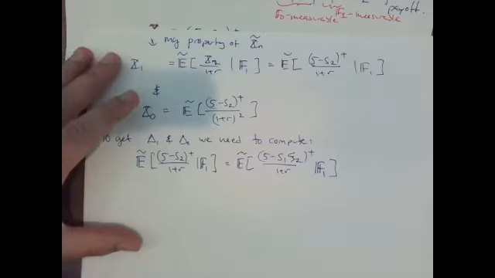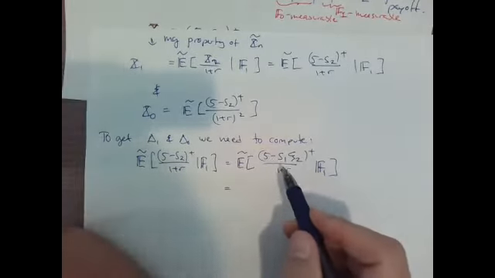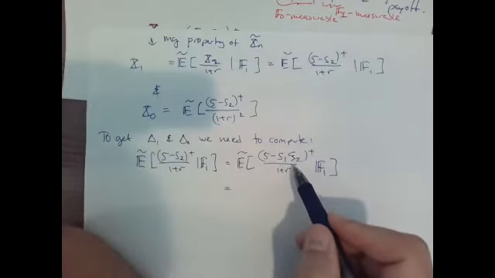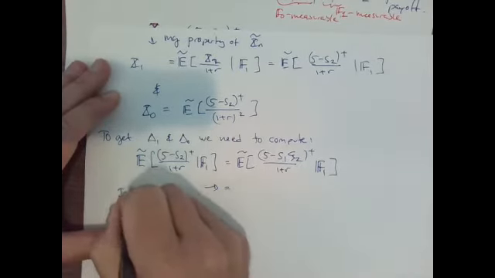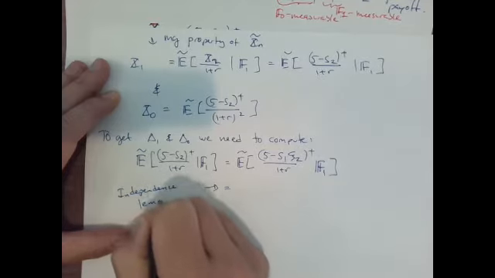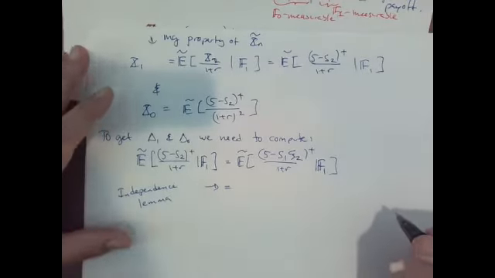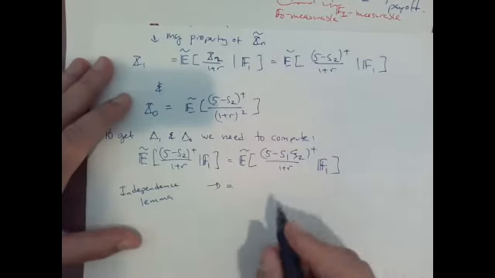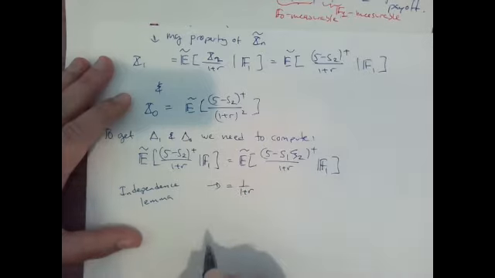Okay, so now what we do is we use the independence lemma. Here I have a complicated function. One variable is already measurable and the other one is independent. What does it say? Well, it says you take out what's known. So that's 1 over 1 plus r.